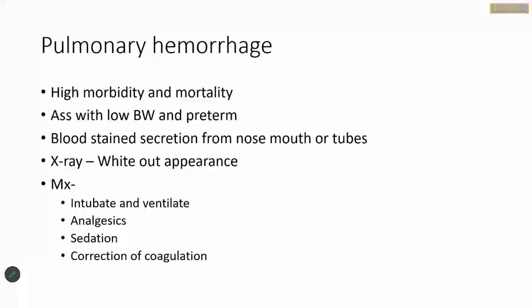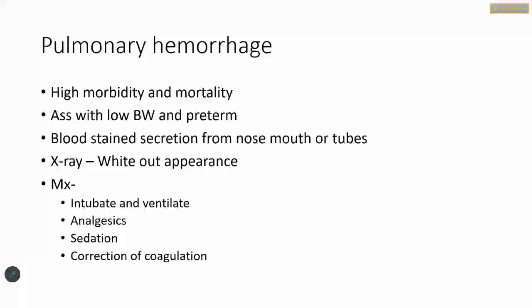So how to manage? We have to intubate and ventilate, because other management options we can't try; we have to deliver maximum oxygen to the lungs, because there is a large amount of blood within the lung system. To prevent pain, we have to give analgesic, and we have to sedate the child until the condition recovers.